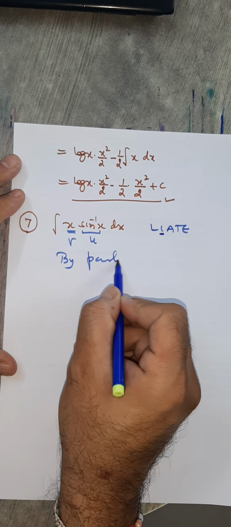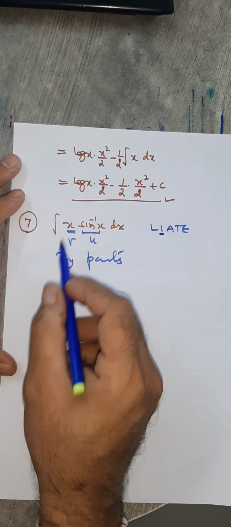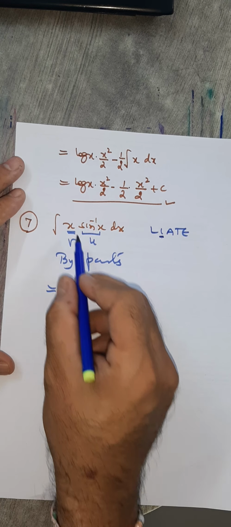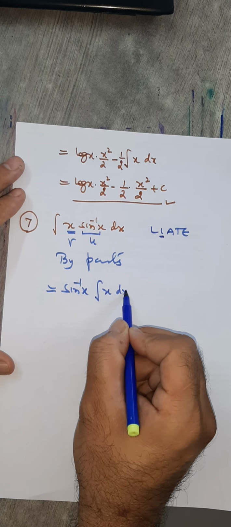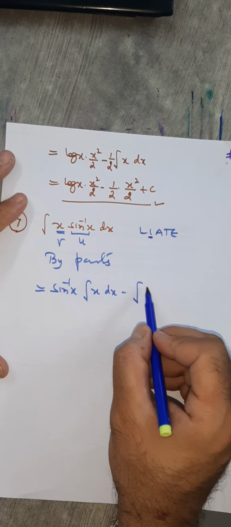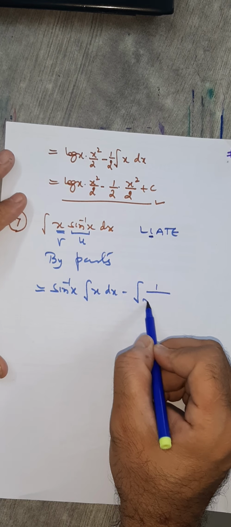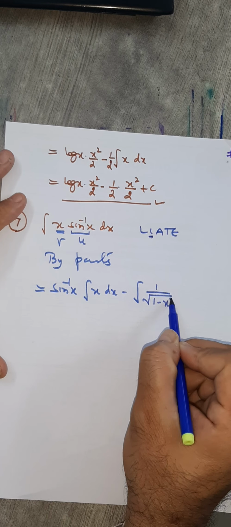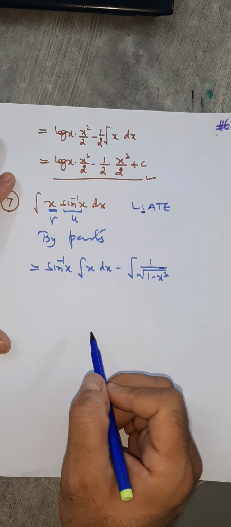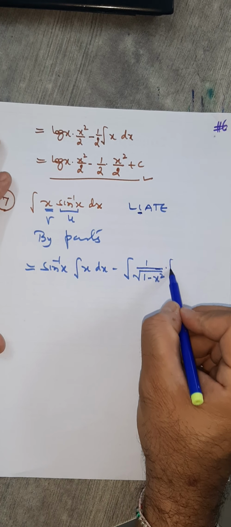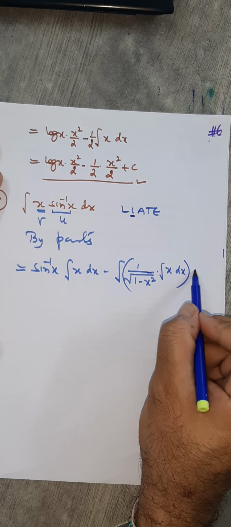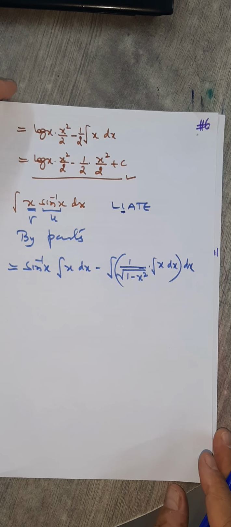Let's see. So here sine inverse x will come outside into the integral of x, minus, inside the integral, the differentiation of u, du by dx, which is 1 upon root of 1 minus x squared. You know the derivative of sine inverse x, into the integral of x as I told you, and then whole integral. Fine.